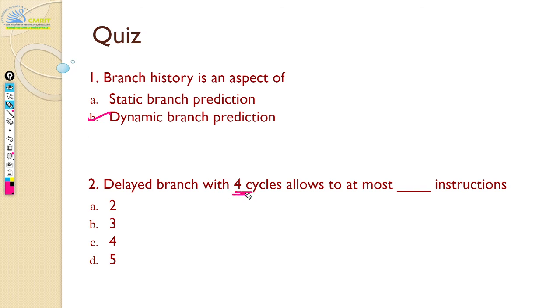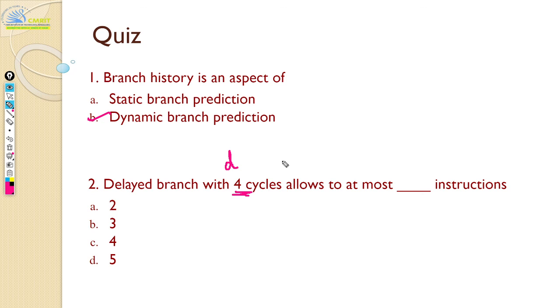The delay is 4 cycles. No, you're wrong. It's not C. You can ask for help. A delayed branch with D cycles is going to allow insertion of at most how many instructions?